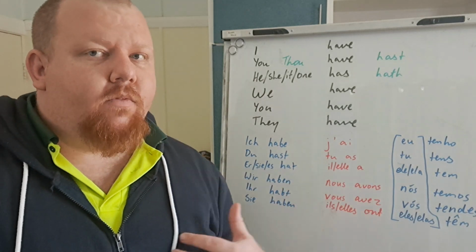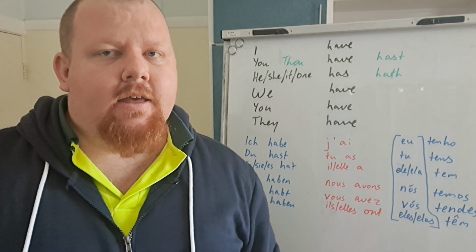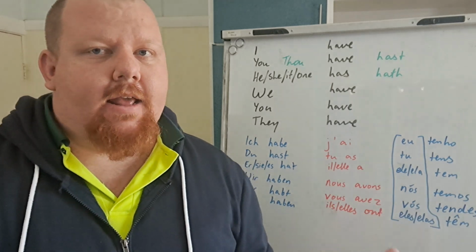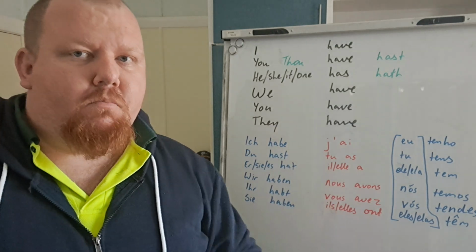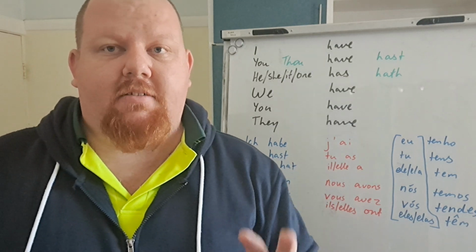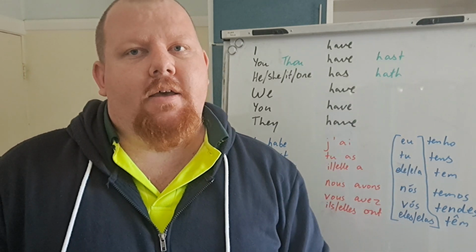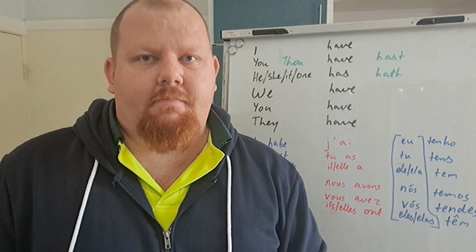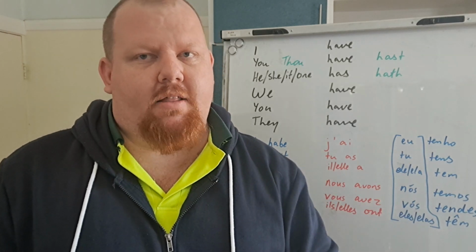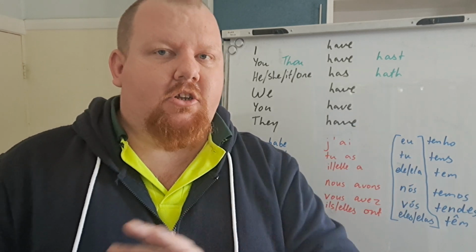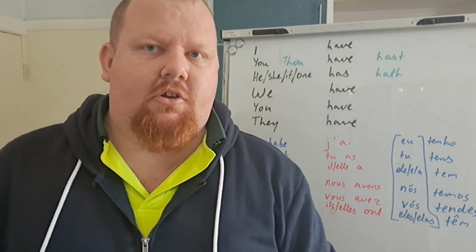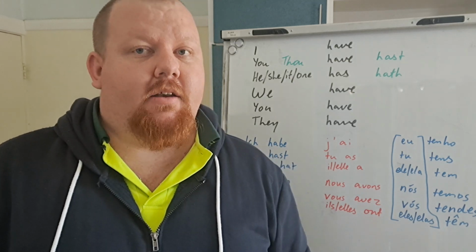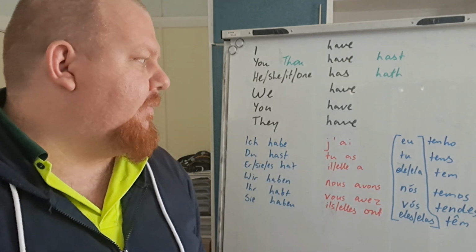Nous avons, we have, vous avez, you have, and ils ont, they have. Okay, so most of the Romance languages, except for French, usually drop the pronoun. Okay, so usually you can just say the verb without the pronoun, but French is unique just because of the phonetics of the language. And it could also have something to do with its proximity to Germany, but I doubt it has something to do with that.